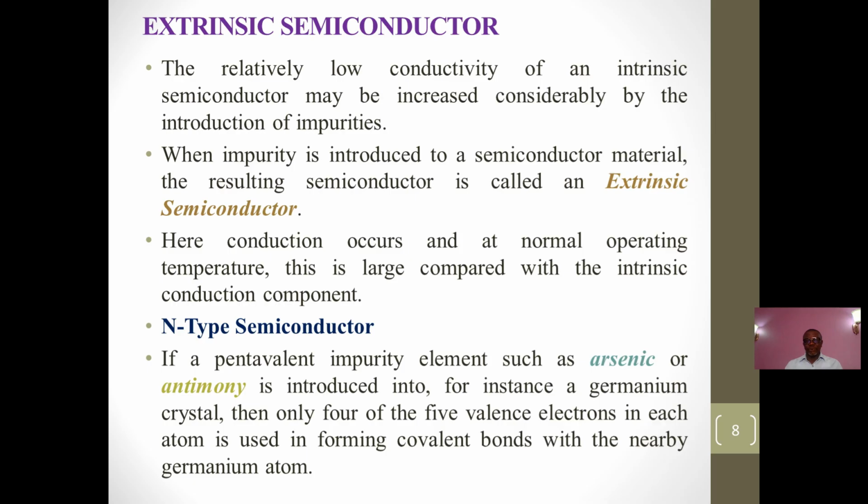Then if you dope it with antimony, which is a material with 5 outer valency electrons, 4 of the antimony electrons will form covalent bonds with the germanium, then 1 will remain, and that one will be dangling, looking for what to form a covalent bond with. So that one that is dangling is now being made use of.